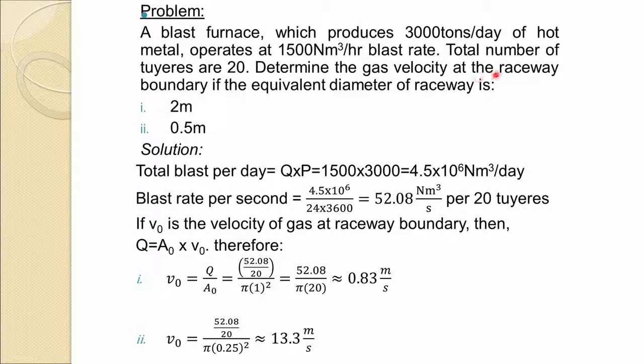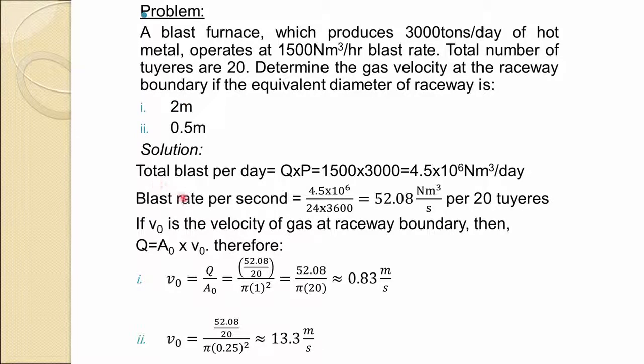Determine the gas velocity at the raceway boundary if the equivalent diameter of the raceway is 2 meter or 0.5 meter. So, two cases: some blast furnaces have that sort of raceway diameter, and many of them operating at high productivity have this sort of diameter.